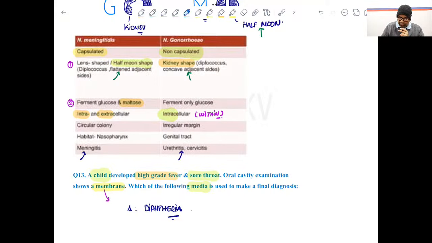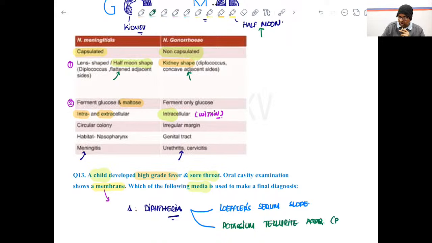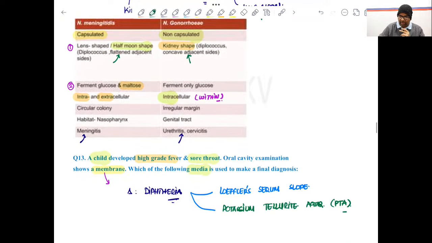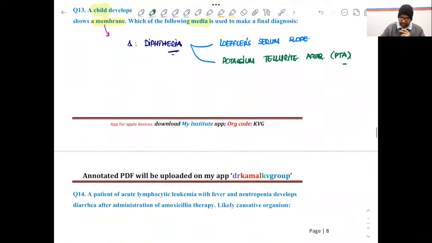And for diphtheria, we use two culture media. One is Loeffler's serum slope, and second is potassium tellurite agar. Clear? So just remember these two culture media for Corynebacterium diphtheriae, which is the causative agent of diphtheria, right? So Loeffler's serum slope and potassium tellurite agar.